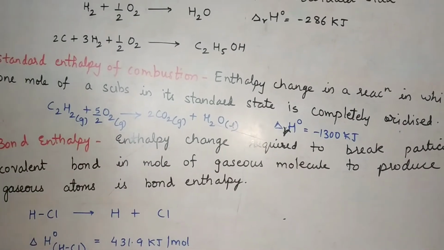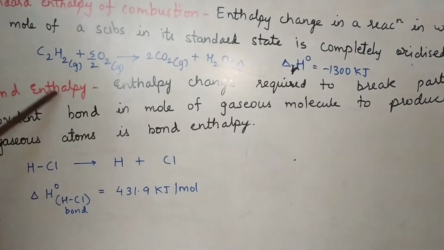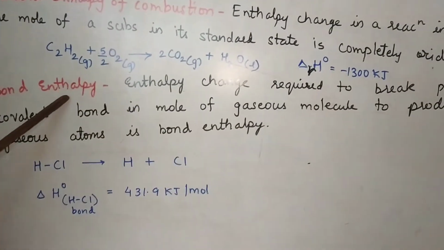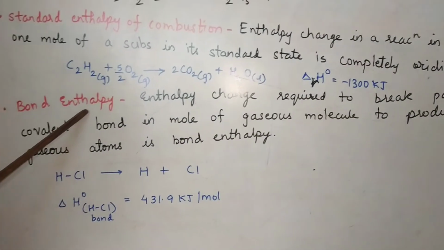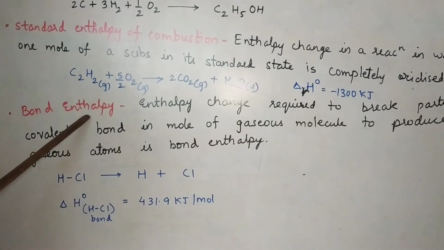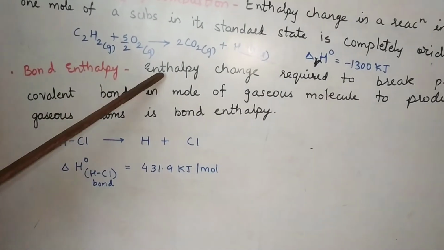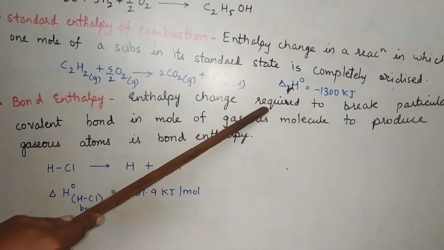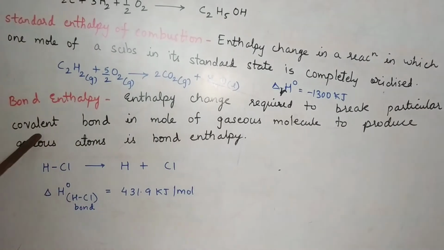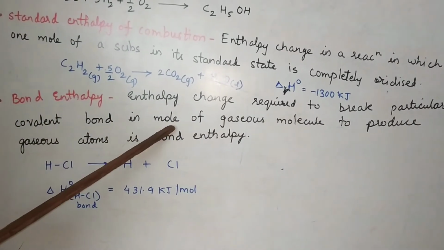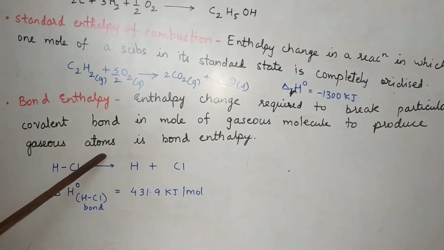Now we come towards the next point, very important point of bond enthalpy. Bond enthalpy. एक बॉन्डची एन्थॅल्पी, एक पर्टिक्युलर बॉन्ड ब्रेक करायला जी एनर्जी लागते, that energy is called as bond enthalpy. Enthalpy change required or taking place to break particular covalent bond in 1 mole of gaseous molecule to produce gaseous atoms.